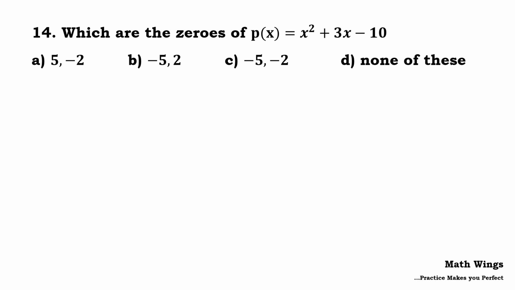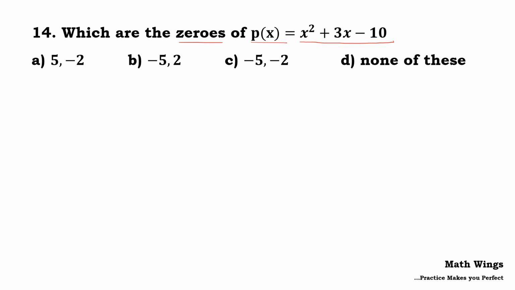Here is the question. Which are the zeros of p of x, x square plus 3x minus 10? So here we have been asked to find the zeros of the polynomial. Here, guys, we can use two methods. Which are those two methods?